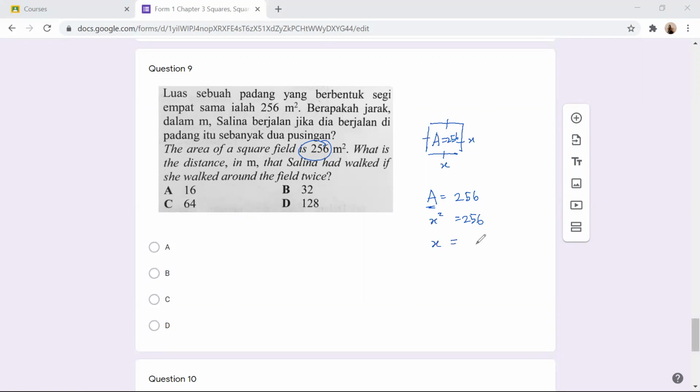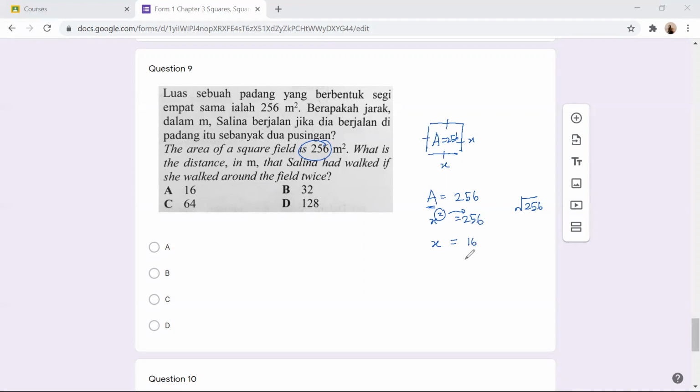So you bring your square across, it becomes the reverse of square, which is square root. So square root of 256 is 16. You either use the calculator and key in square root of 256, or based on the perfect square table, you know 256 basically is square of 16.